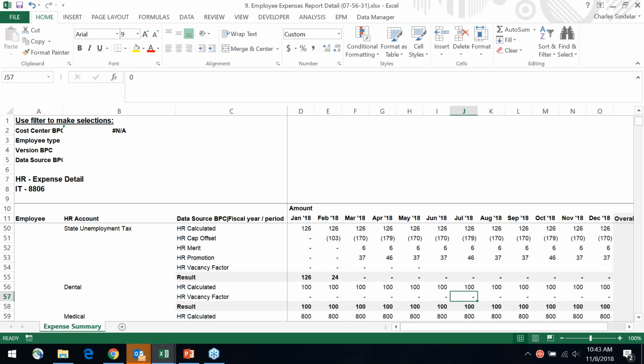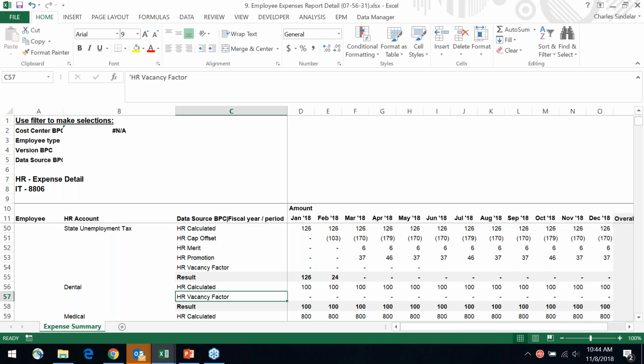But first, I wanted to stop for a second here on dental. If you notice on this one, there's something called vacancy factor. Again, this is another input template we didn't cover, but it's an important business request. For a lot of large cost centers, let's say you have a call center at your company with 5,000 people in it. You could say, I'm going to budget for every position, but there's always going to be turnover.